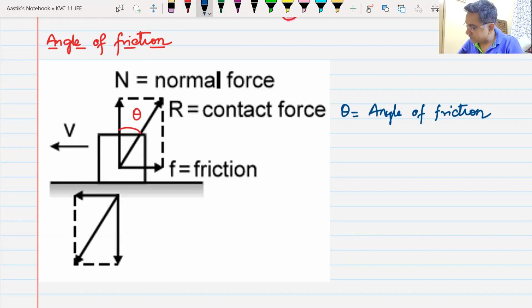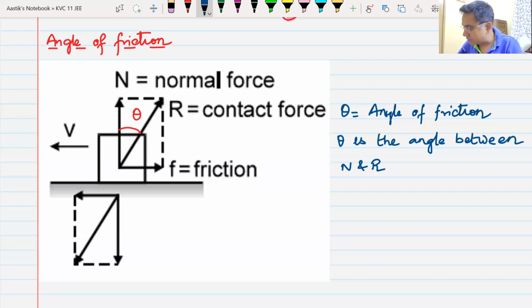So the angle of friction is the angle between what? Normal contact force and the reaction force R. And how will you find out this angle?